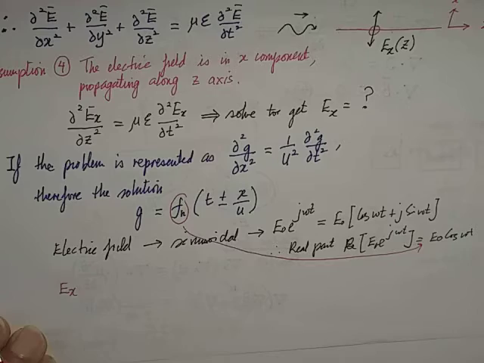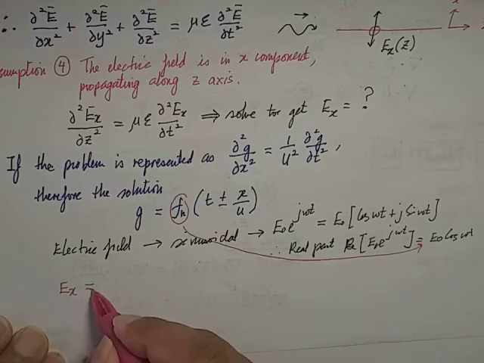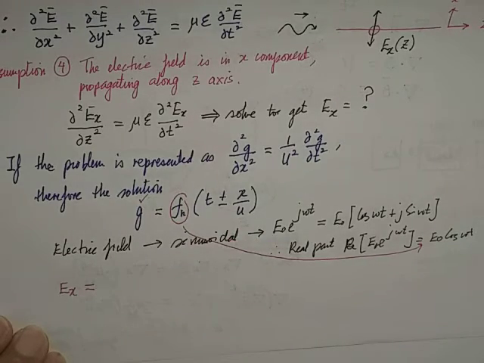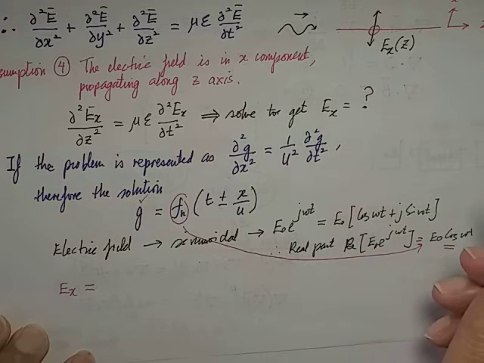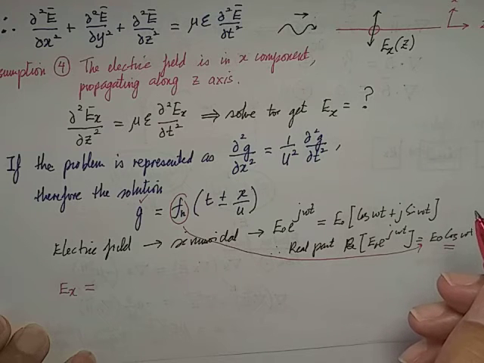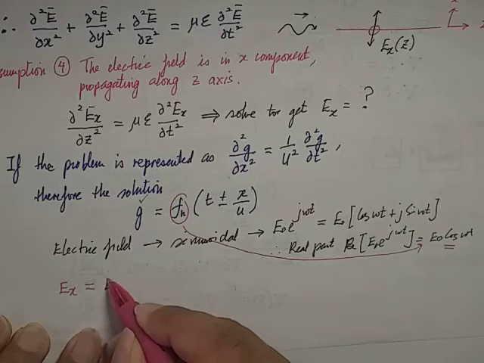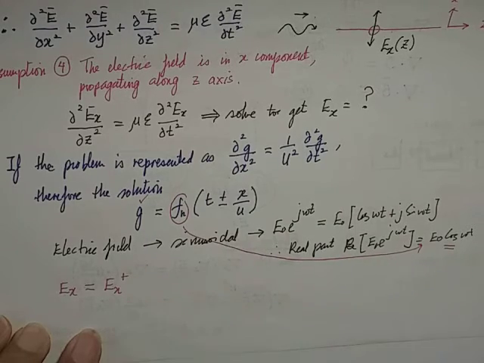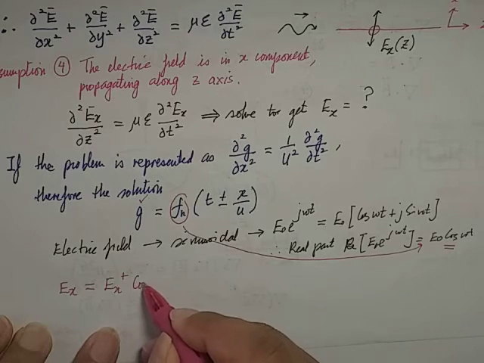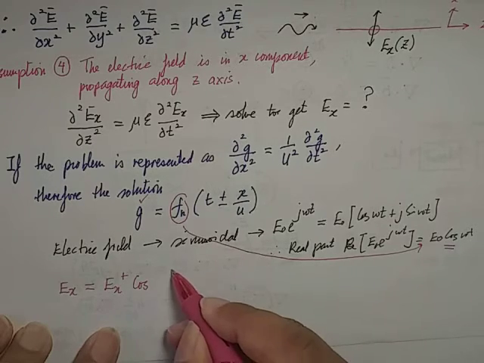That's what we're going to solve, equal to. We're going to use the cos function. Whenever you use a cos term in trigonometry, you're going to have an amplitude. I'm going to denote the amplitude as Ex positive. Why, I'm going to explain later on. Cos, and that has to have this term.